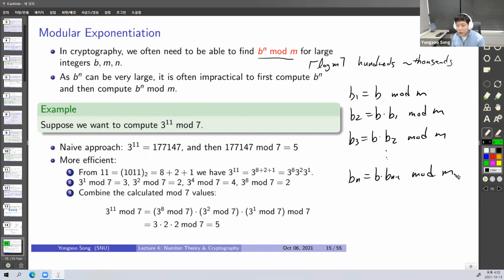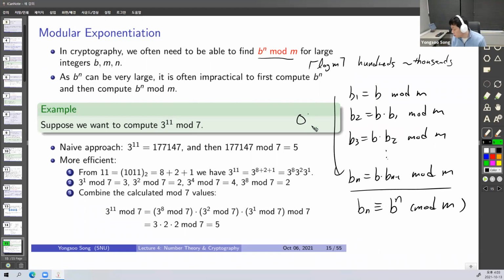If we use this algorithm, then we can easily prove that bn is equivalent to b to the n modulo m. So we computed b to the n modulo m. But the problem is that this method requires n multiplications. So the complexity of this algorithm is big O of n integer multiplications modulo m.